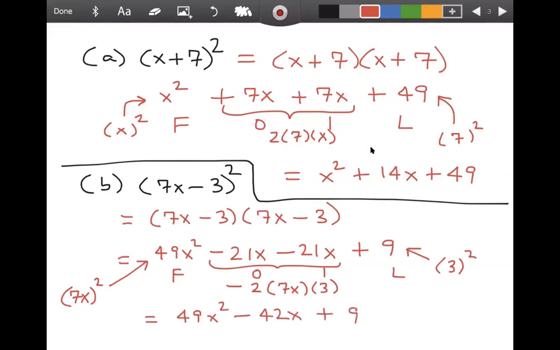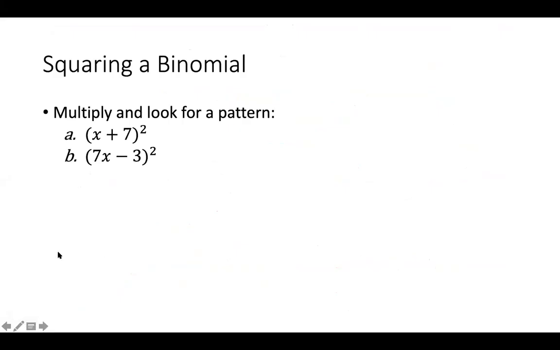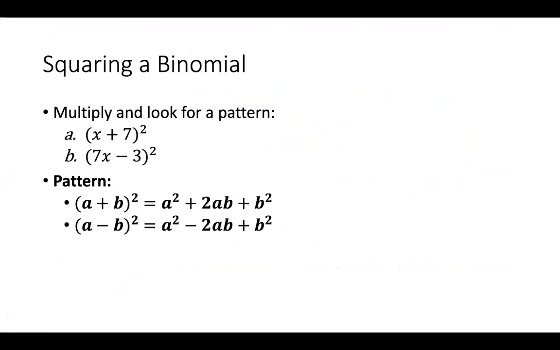All right, so you will find it very helpful, especially in the next chapter, chapter 6, if you know this pattern. The pattern looks like this, depending on whether the binomial you're squaring is a sum or a difference.